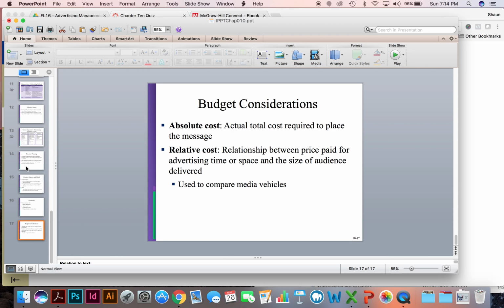This includes the production of the media equipment, the production of the TV commercials, your actors, everything going into place. Relative cost is the relationship between price paid for advertising time or space and the size of the audience delivered. And it's used to compare media vehicles.